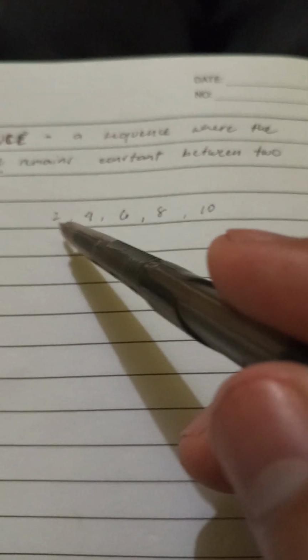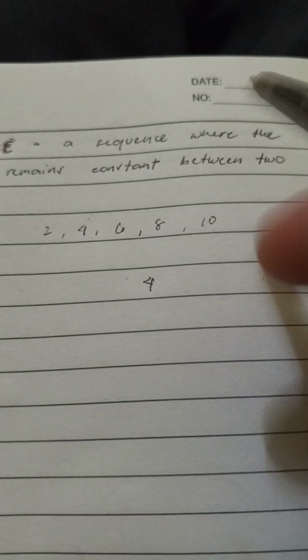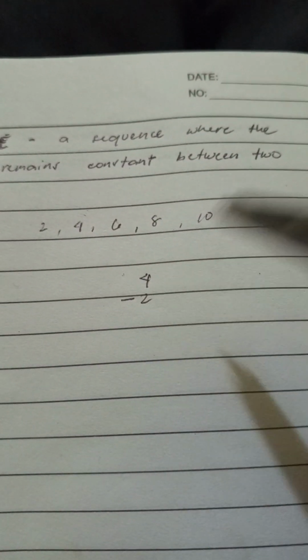Let's say, for example, 2 and 4, this pair of numbers. To get the common difference, we simply subtract the preceding term, 2, from the succeeding term, 4. For example, 4 minus 2, obviously it is 2.